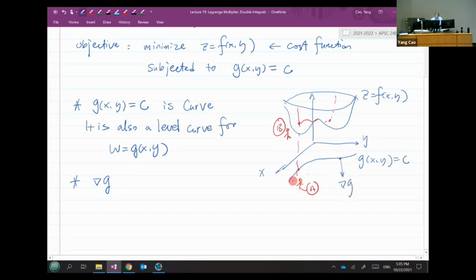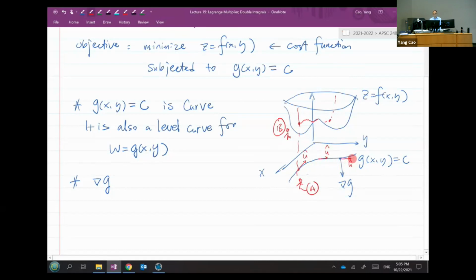Another fact, remember, is that person A is going along the constraint curve here. As person A is going in that direction, we can always use u hat to indicate the direction of moving.